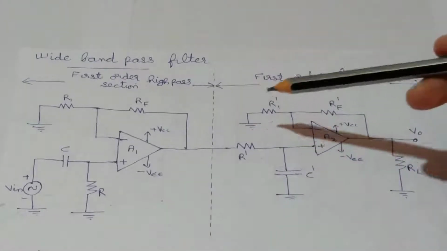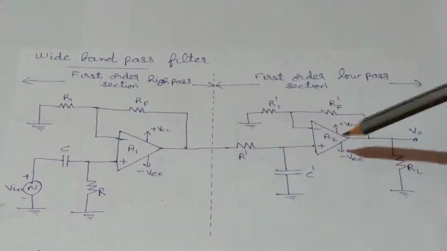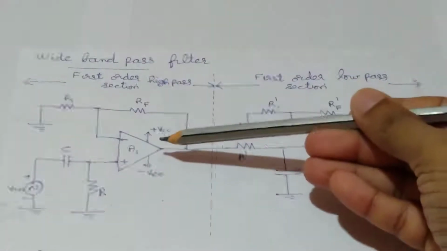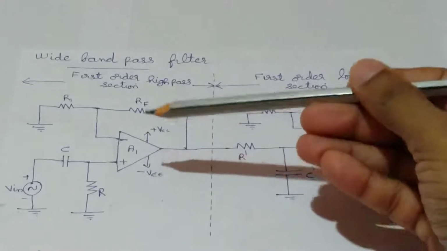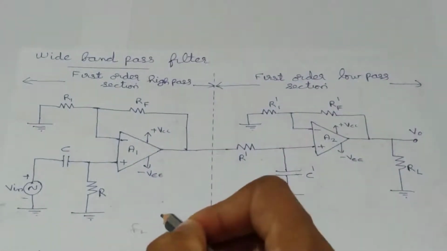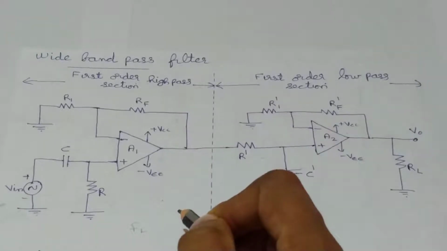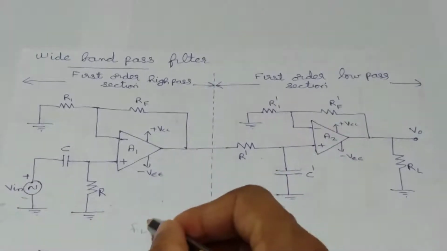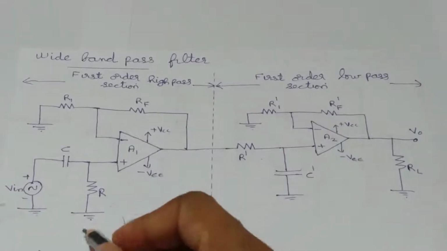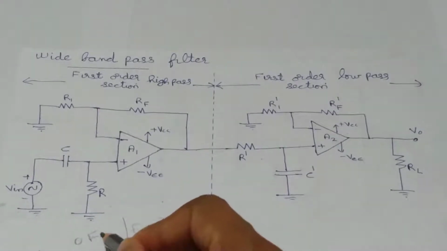Now when we consider the working of this circuit, we know for a first order high pass filter, if its cutoff frequency is FL, then it passes all the frequencies from FL to infinity, and it blocks the frequencies from 0 to FL.